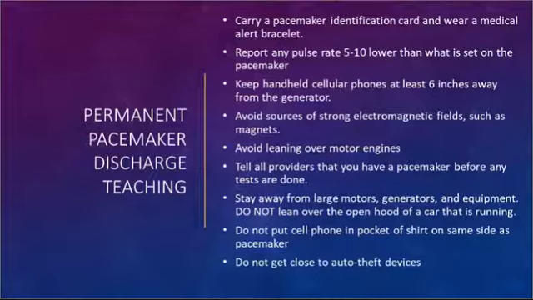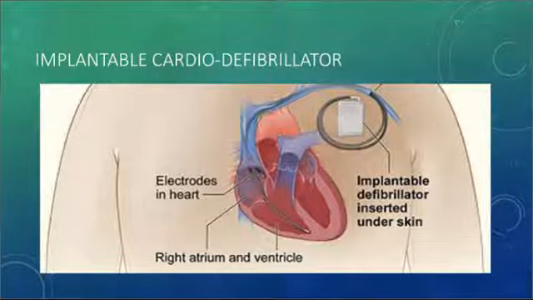Avoid strong magnets, avoid leaning over motor engines. They need to tell people they have a pacemaker before any procedures are done. And don't get close to auto theft devices.